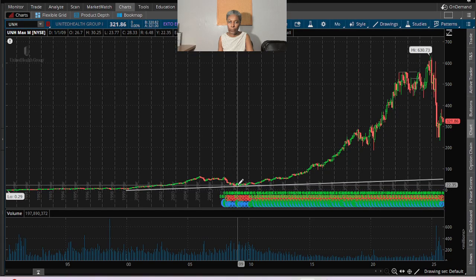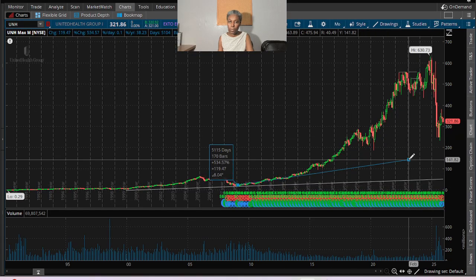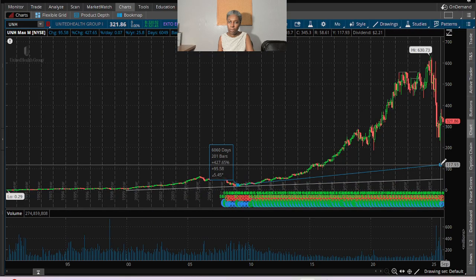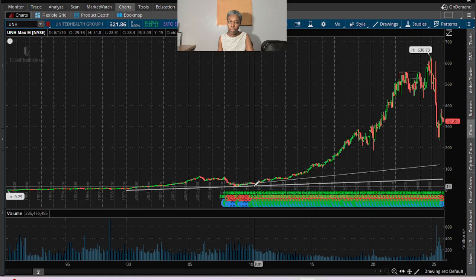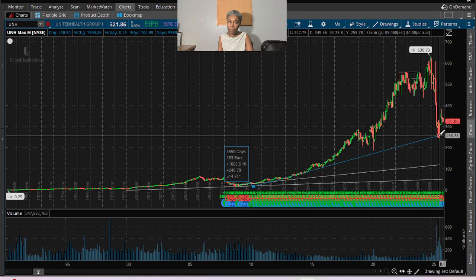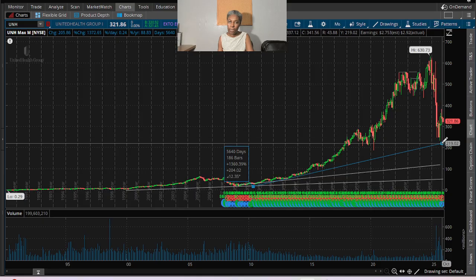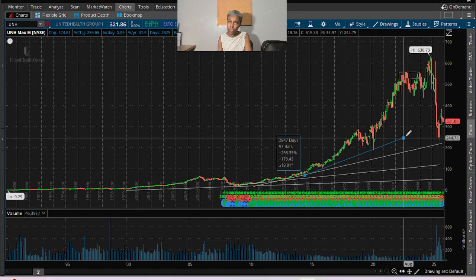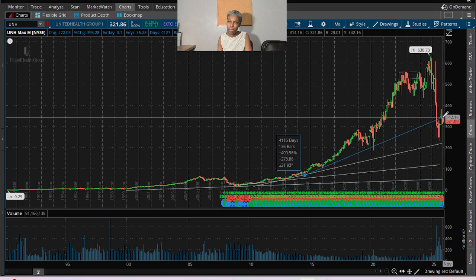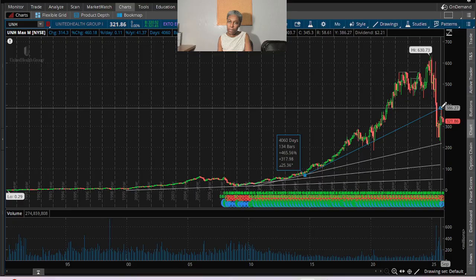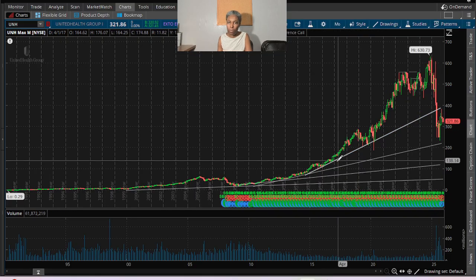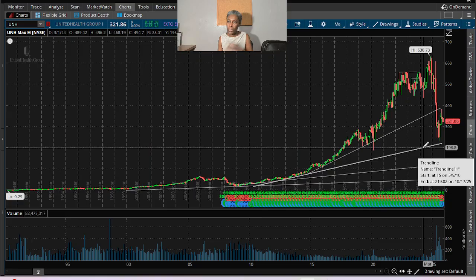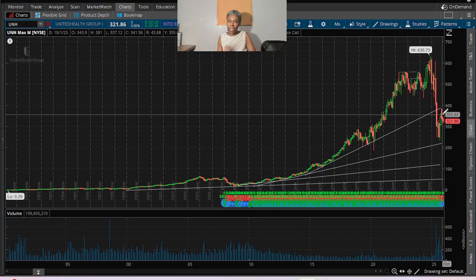This is low, and this one will go there, and this one is there. We can continue tracing. So this one has more touch points. This will be more like the valley, but then it pulls back to here and starts going up from there.